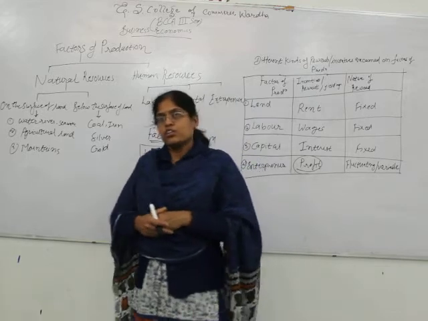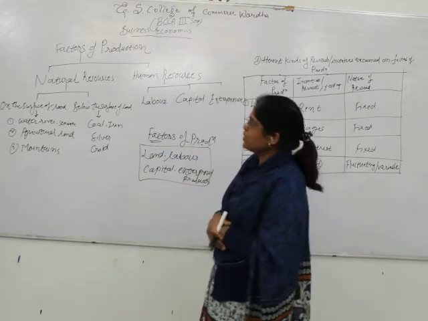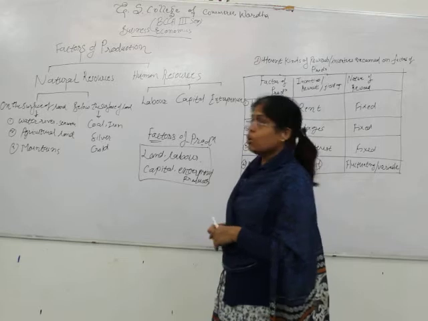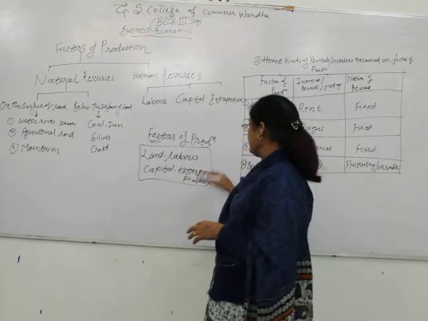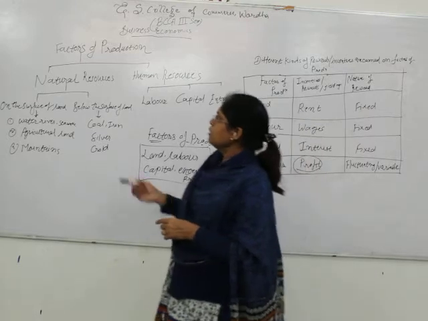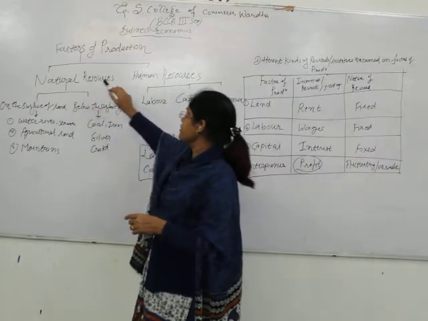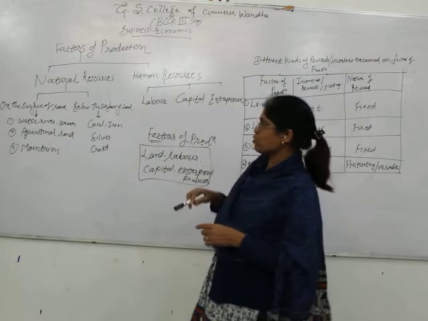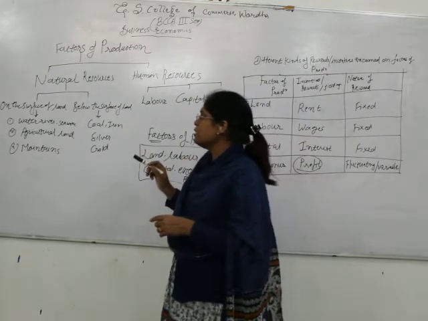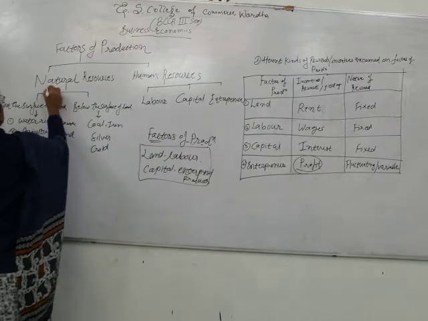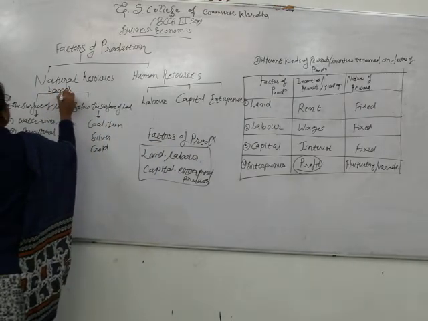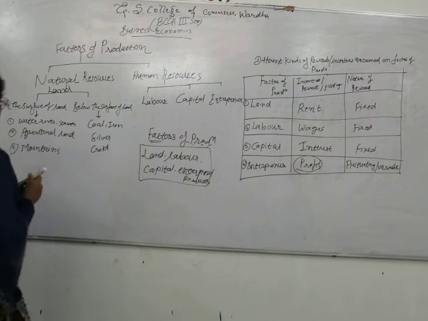So, what have we seen today? The factors of production. What are the main factors of production? Land, labor, capital and entrepreneur. Again, these resources are natural resources and human resources. What is the natural resource? First of all, land is the natural resource, and land is again divided into two parts.